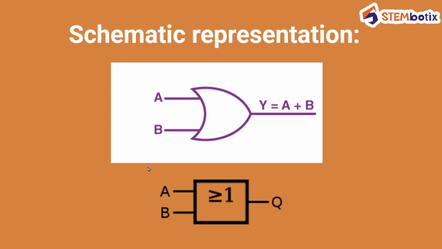But if both inputs are 0, you will not get any output. Only when the inputs are 0 and 0 will the output be 0. In the other cases you will have output.